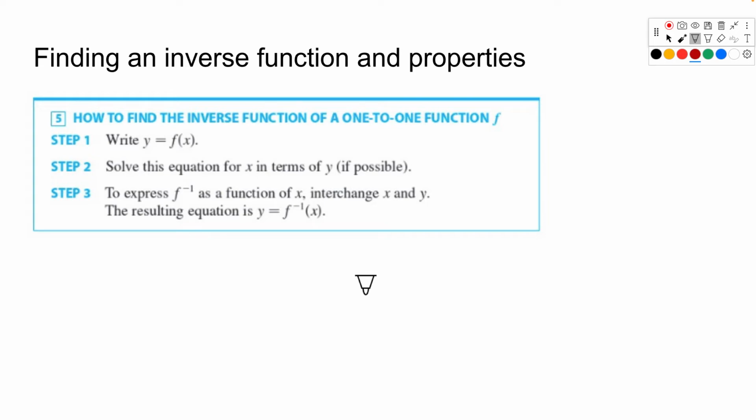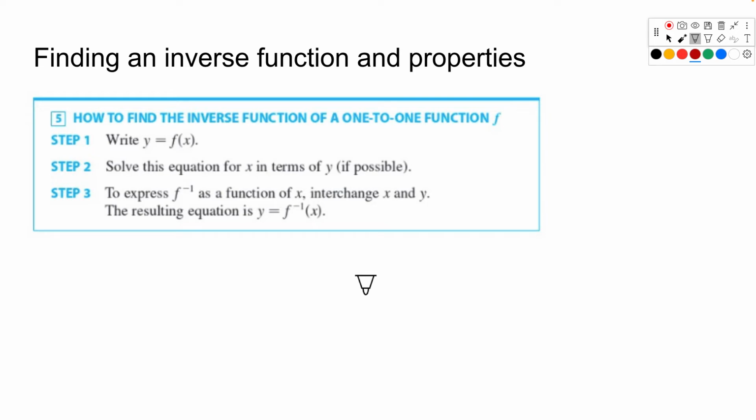Either way it will work, but just the way I was taught: swap them first, because that's the inverse step, so you get there faster, and then solve for it. The cool thing with some calculators like Desmos, you could just swap the x and the y, and it will graph it as the inverse. You don't even have to solve for y after that.